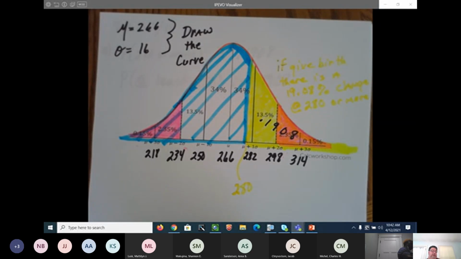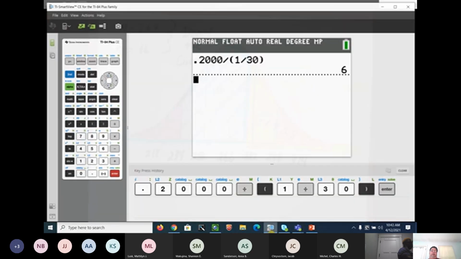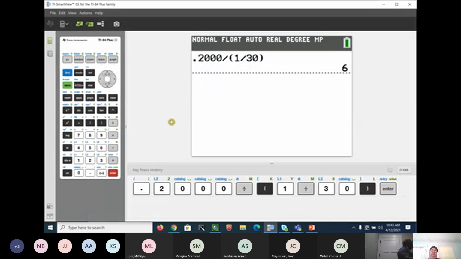So somebody tell me what the blue area percentage is. Well, you take 0.1908 from what? Not 280. What's the area under the curve? 1. 1 minus 0.1908.